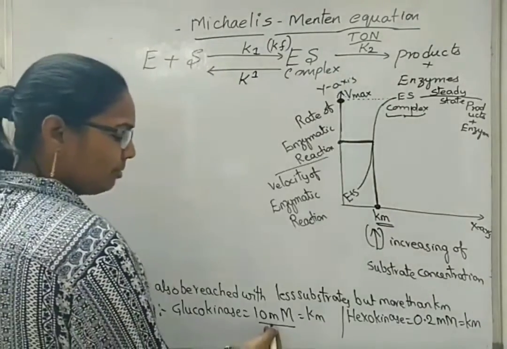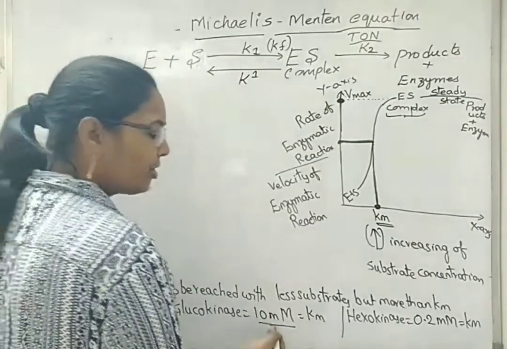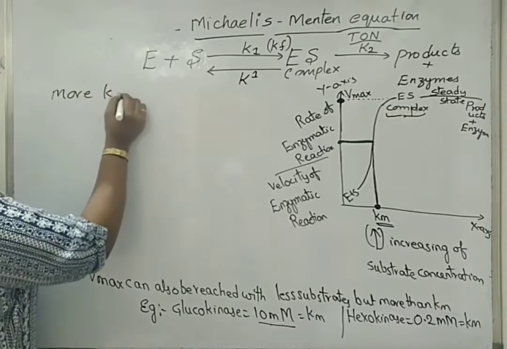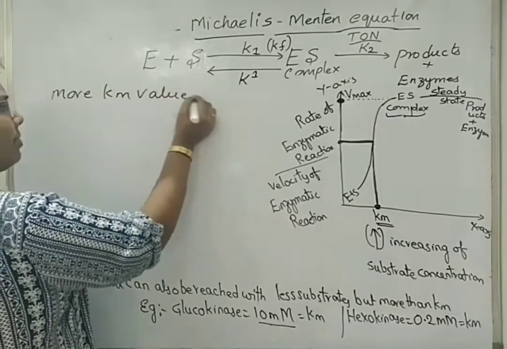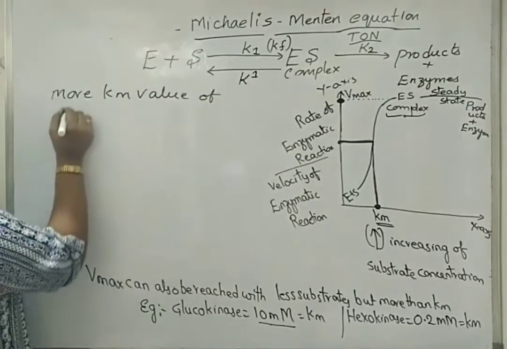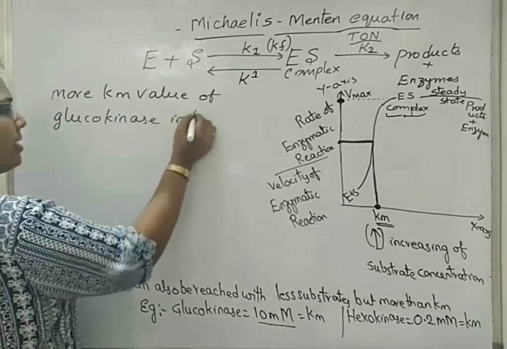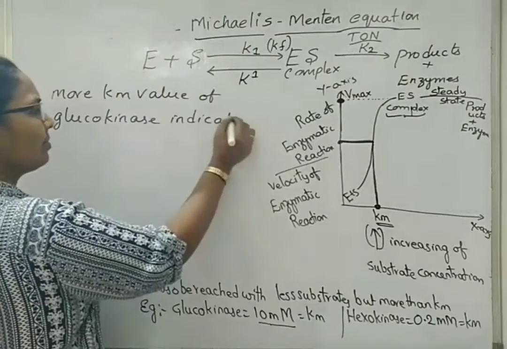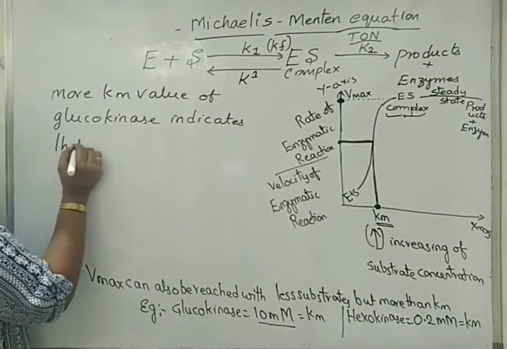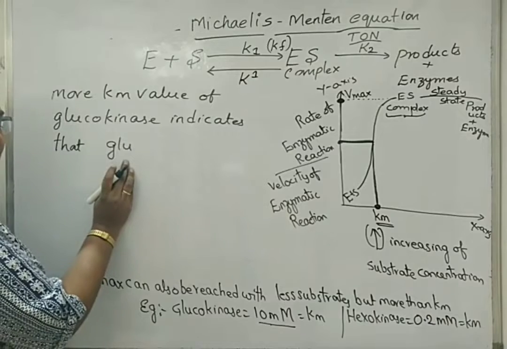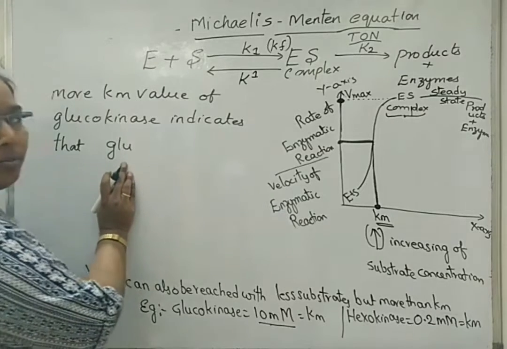What does this higher Km value of glucokinase for glucose indicate? The higher Km value of glucokinase indicates that glucokinase is activated only in the presence of more glucose molecules.